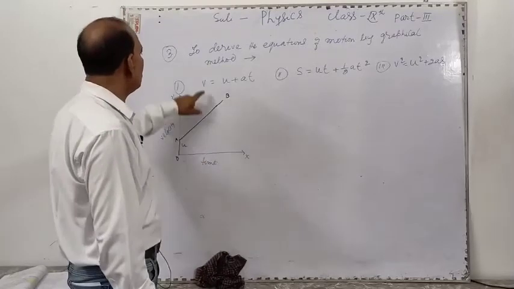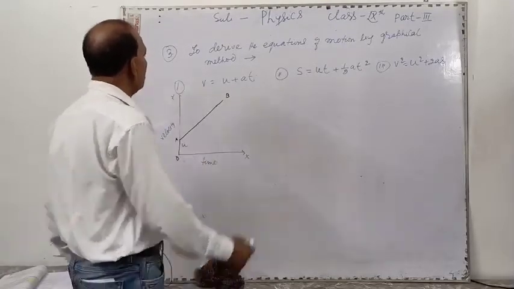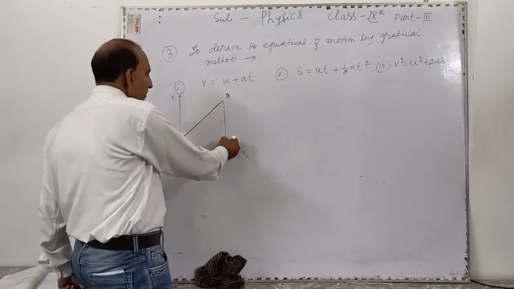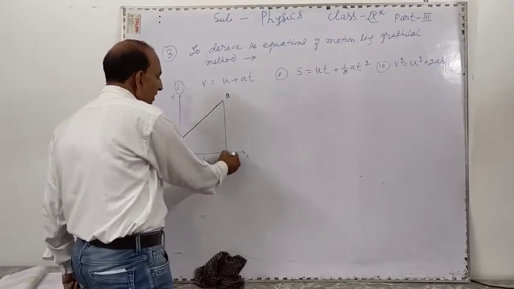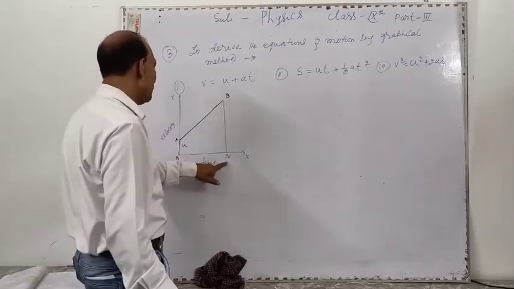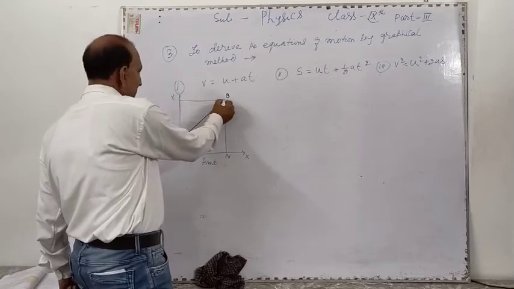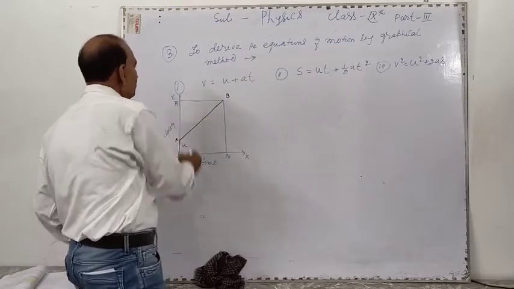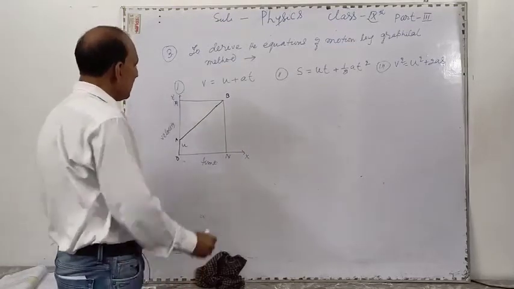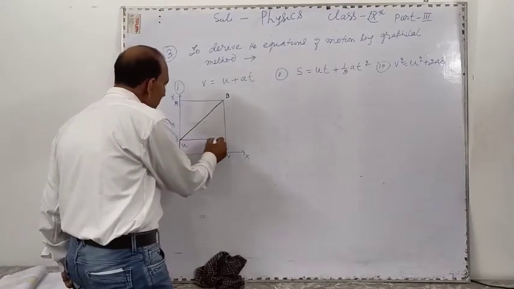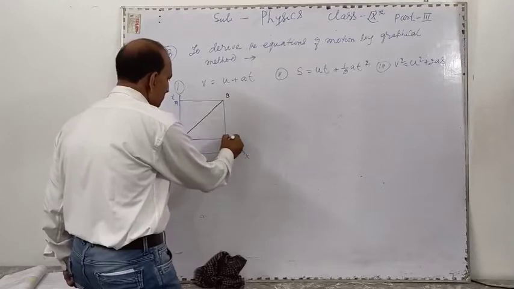To derive the formula, we complete the figure, that is we draw perpendicular BN from B on the x-axis, and also BM from B on the y-axis, and also we draw a line from the point A which is parallel to the time axis.